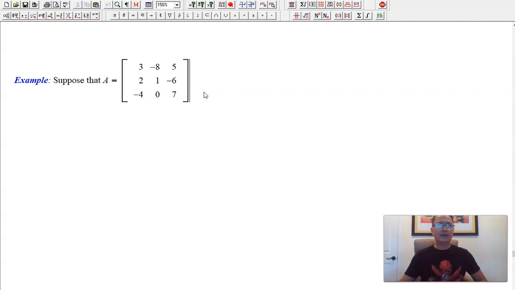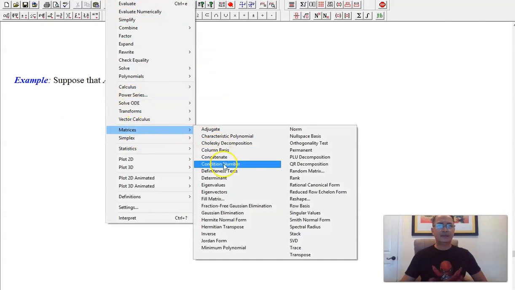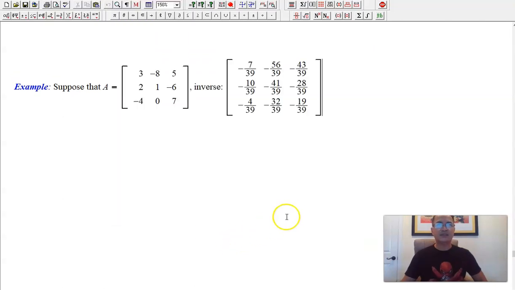So the easiest way to do that is to go compute matrices inverse. Just kidding. Of course, you don't have this fancy calculator. I do. Haha.